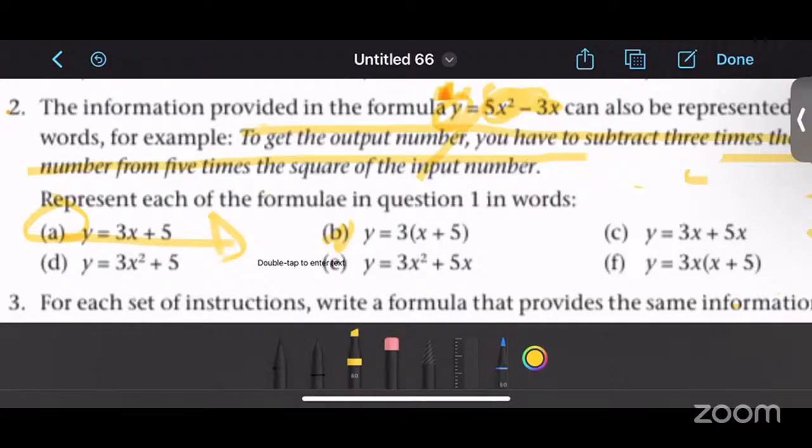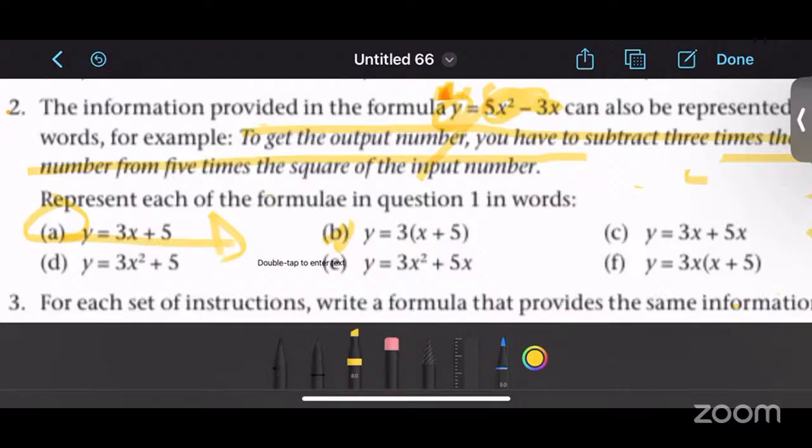To get the output number, you have to times 5 with input number, then add it to 3 times the input number. Does that make sense? Yes, ma'am, it makes sense.